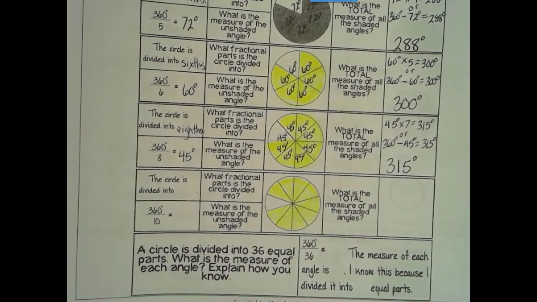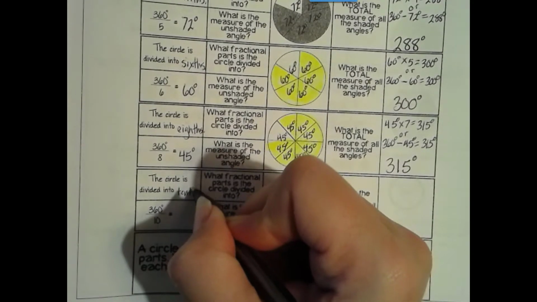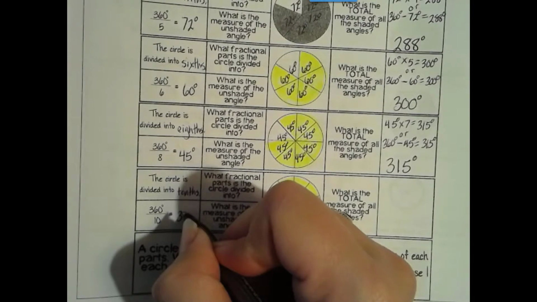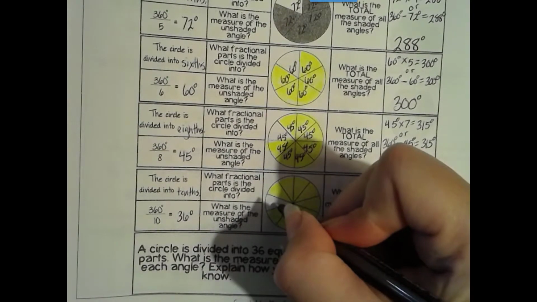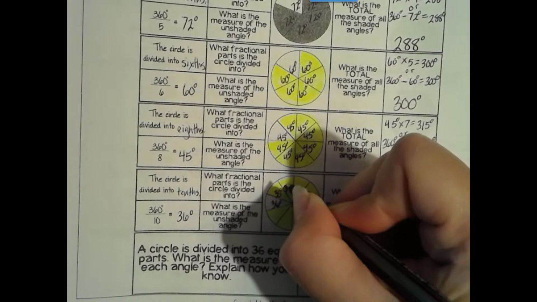This last one right here, the circle is divided into tenths. If I divide by 10, I get 36 degrees. So each of these is 36 degrees.